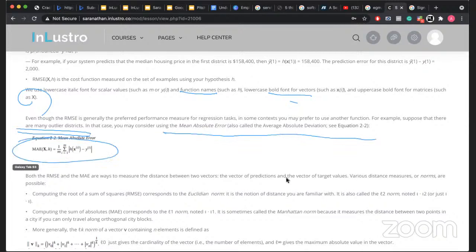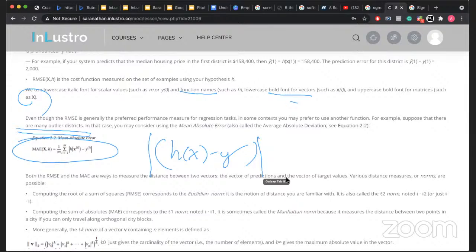So as I mentioned earlier, right, when you subtract h(x) minus y, you can't directly add them because some of them will be positive, some will be negative. So one way would be to square it, which is RMSE. The other way would be to take the absolute value, which is what is being done in MAE. So remember, generally when there are more outliers, outliers mean that if, for example, you have this data set, this is the mean, most of them are around the mean, but there is one point here.